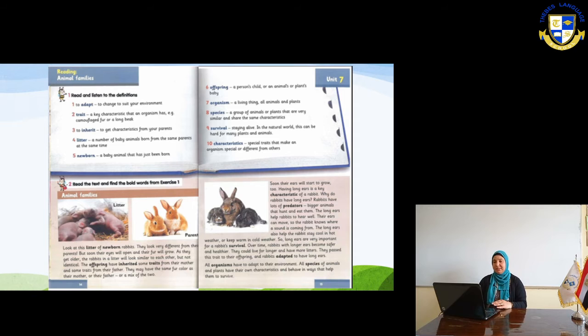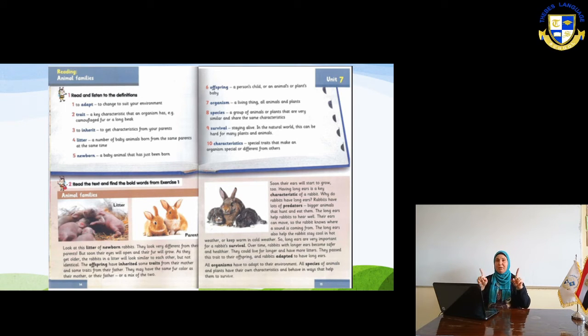All organisms have to adapt to their environment. All species of animals and plants have their own characteristics and behave in ways that help them to survive.